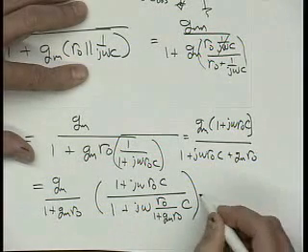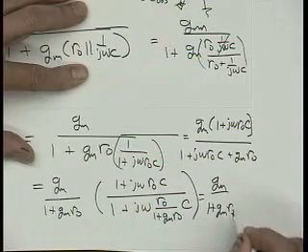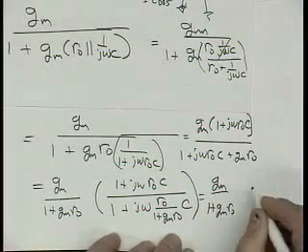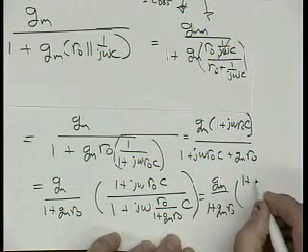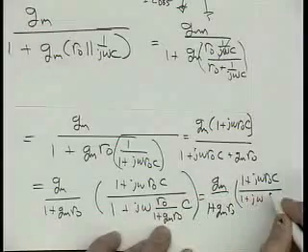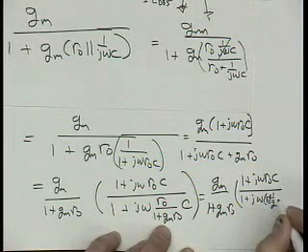And this is equal to, finally, GM over 1 plus GM R0 times 1 plus j omega R0c all over 1 plus j omega, and this is a parallel combination of R0 and 1 over GM, times C.